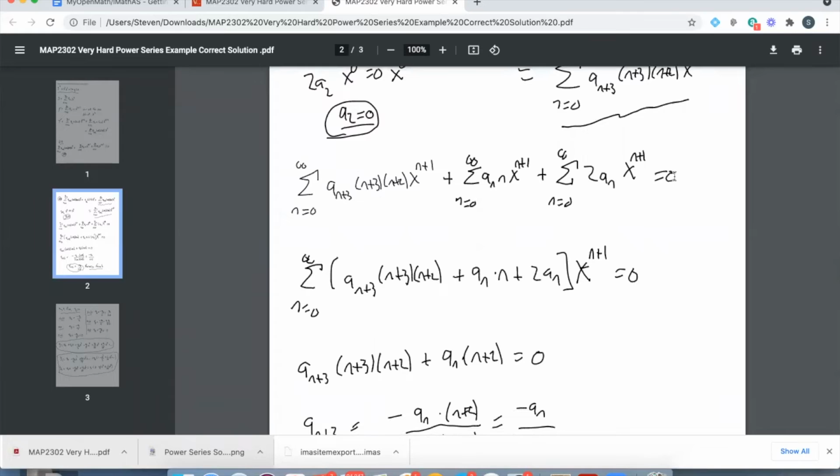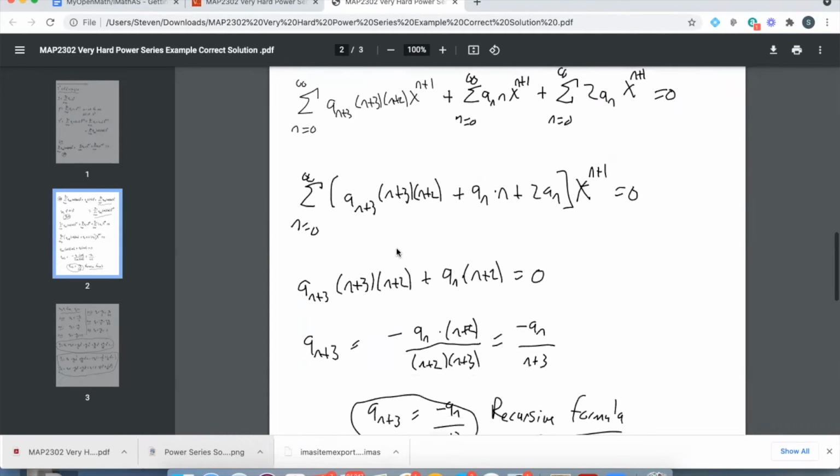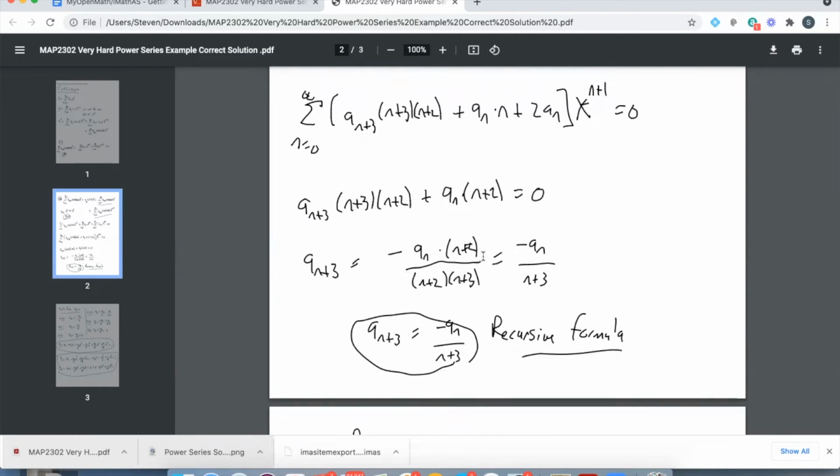Okay, now that all my sums look identical, I can squish them all together into one single sum. The only way all of this can equal 0 is if that coefficient, all this stuff here inside the brackets, equals 0. And I get this recursive formula.